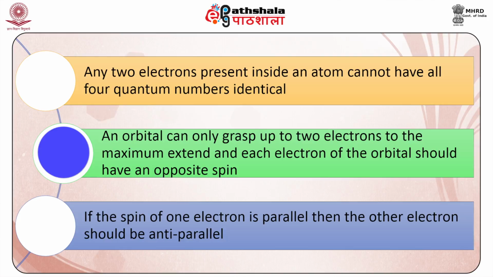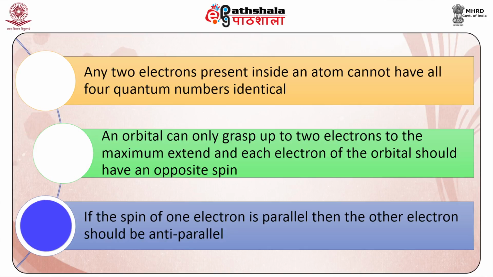An orbital can only hold up to two electrons to the maximum extent, and each electron of the orbital should have an opposite spin. If the spin of one electron is parallel, then the other electron should be anti-parallel.